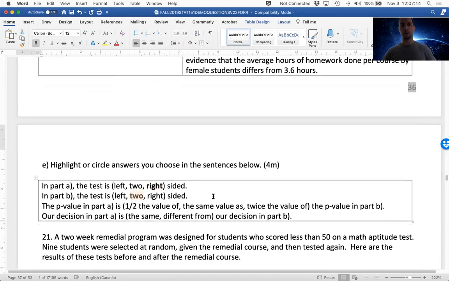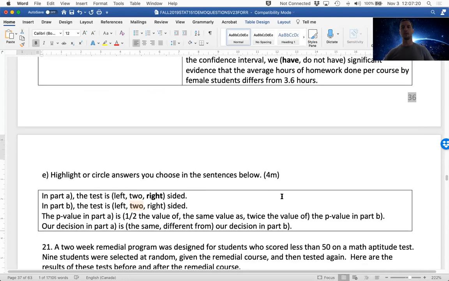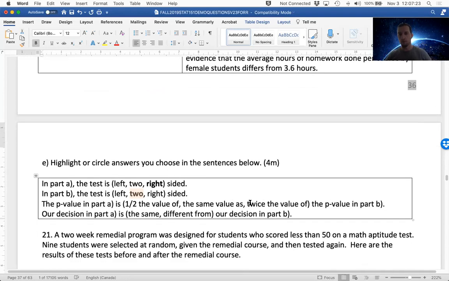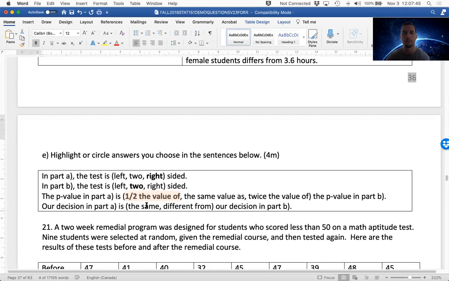The p-value in part A is half the value, the same as, or twice the value of the p-value in part B. No, sorry, the p-value in part A is going to be half the value of the p-value in part B, because the p-value in part A is a single-sided test based off of the same sample of information as the two-sided test in part B, which means that it's half the size of the two-tailed p-value.